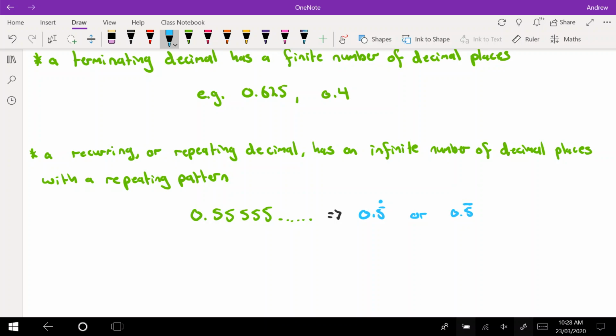You can use both. Both are mathematically accepted. So you need to just be careful sometimes with the way you write it. Then we could also have 0.34124124124, where 124 repeats.